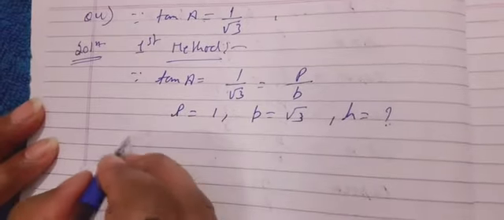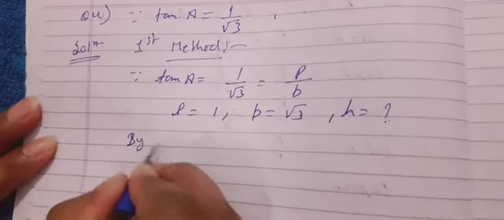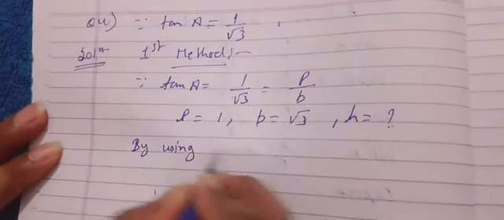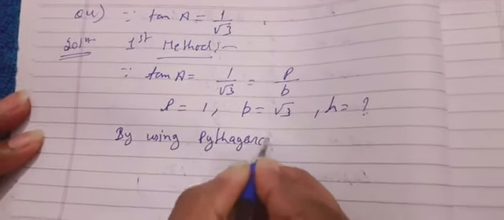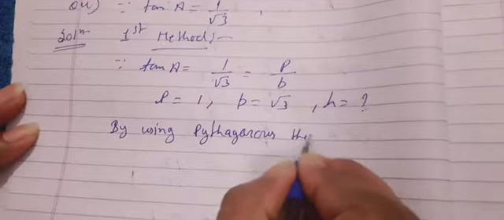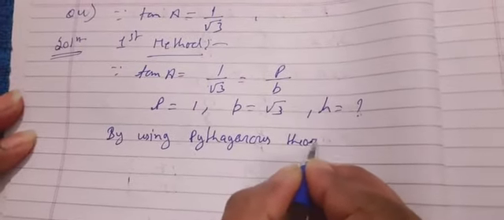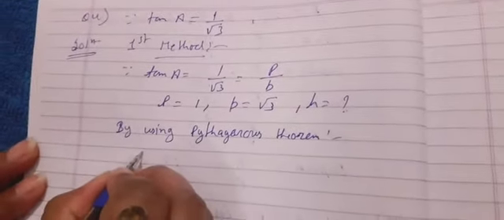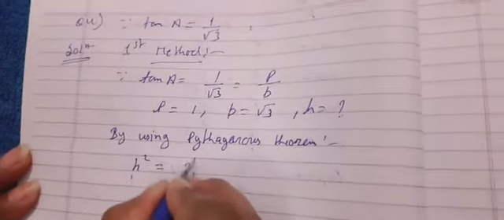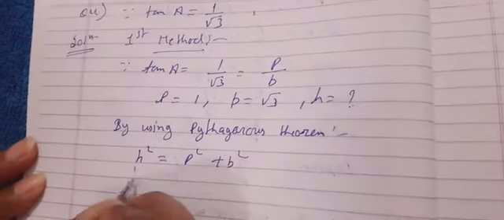Okay, so by using Pythagoras theorem, again you have to mention this name, that for a right angle triangle H square is equal to P square plus B square.